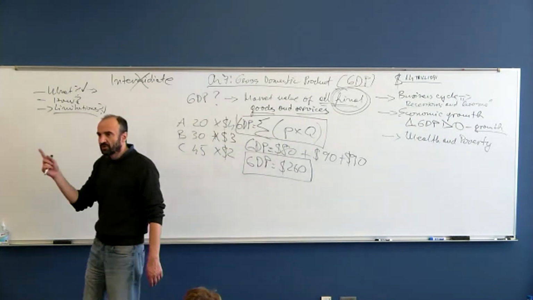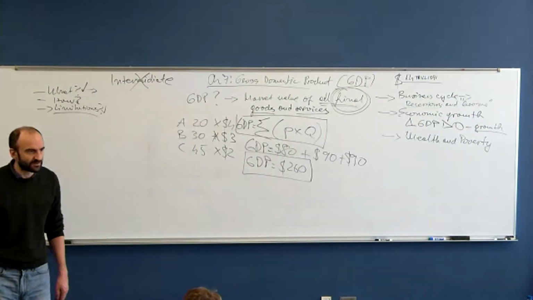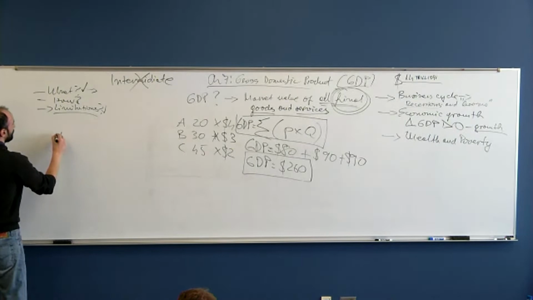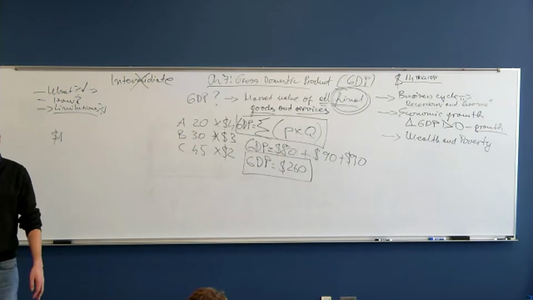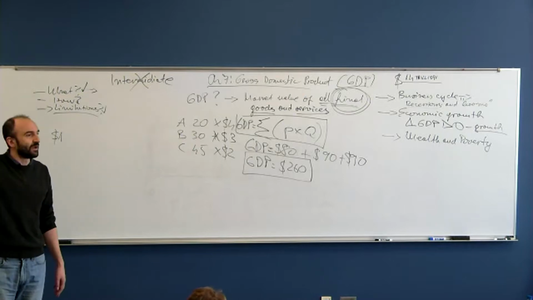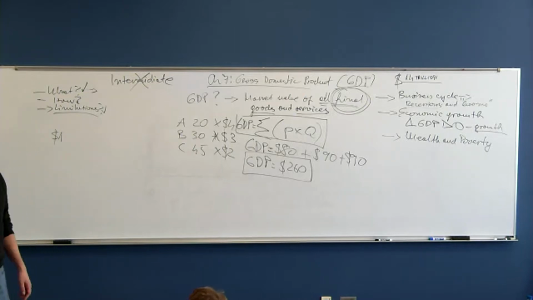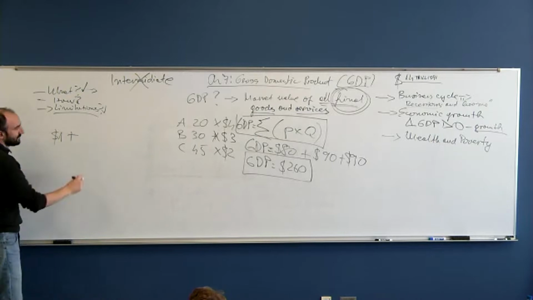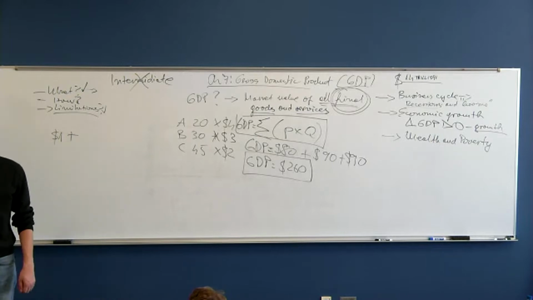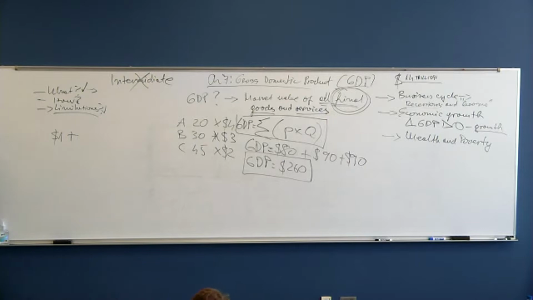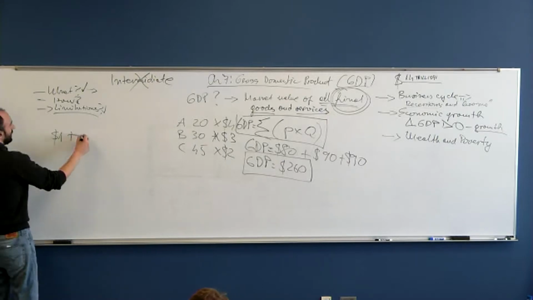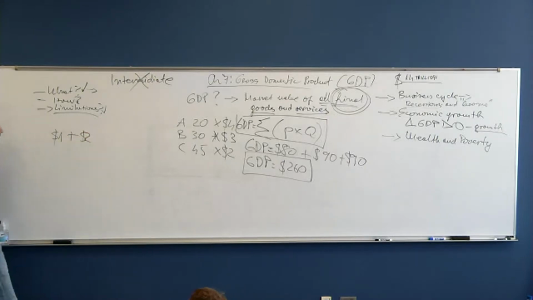Because imagine any production process, say making bread. It starts with wheat. So the farmer produces wheat and sells it for $1, the quantity of wheat necessary to make a loaf of bread. Then the guy who grinds the wheat pays $1, produces flour, and sells it for $2.